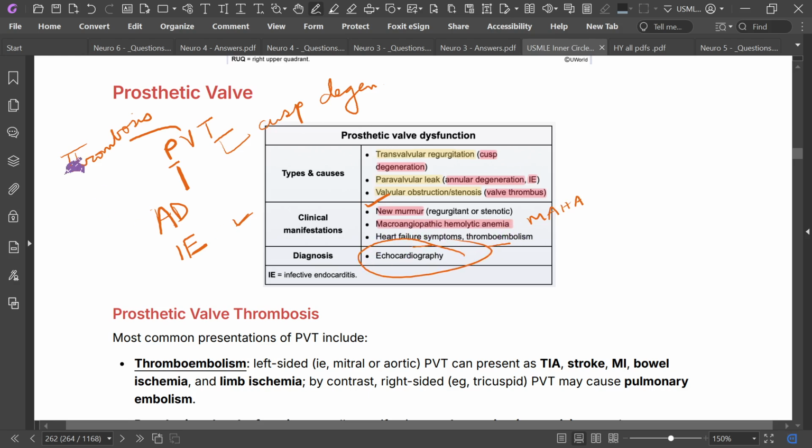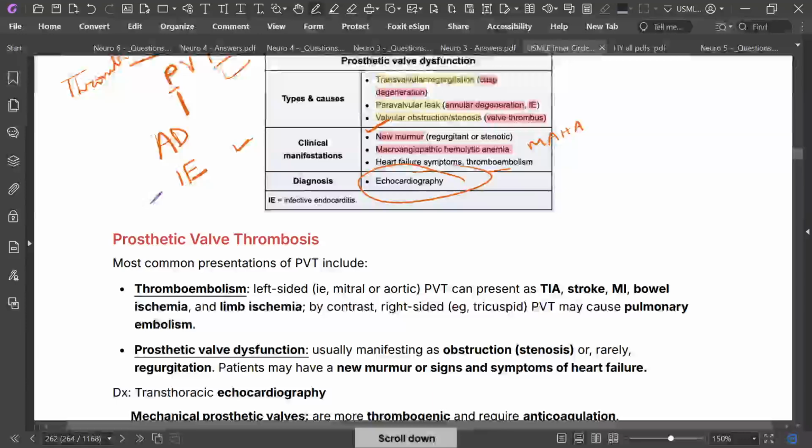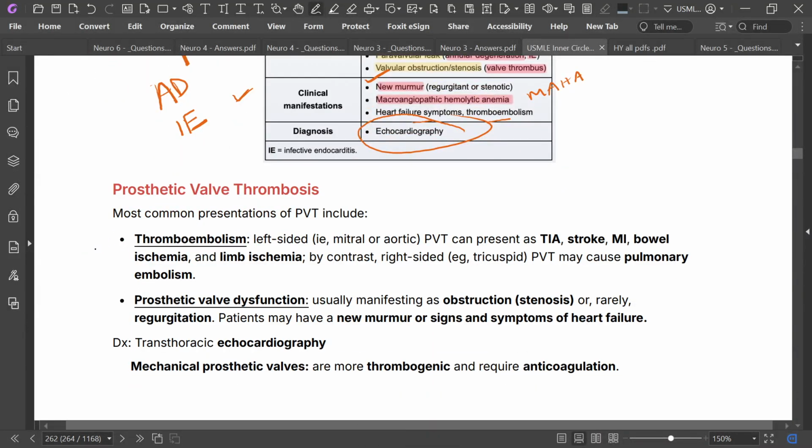Echocardiography should be done. The most common symptom in prosthetic valve thrombosis is thromboembolism. Left-sided prosthetic valve thrombosis can present as TIA, stroke, MI, bowel ischemia, limb ischemia.